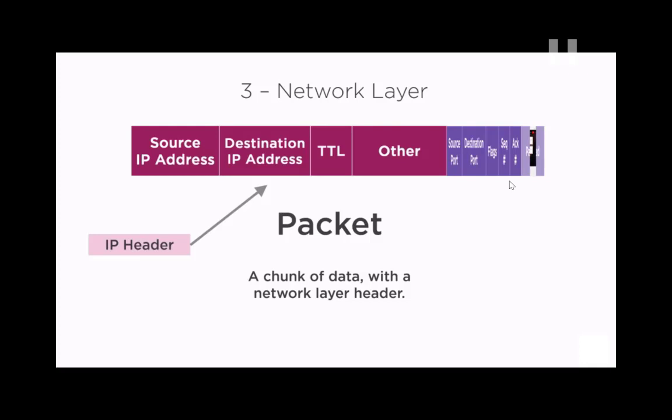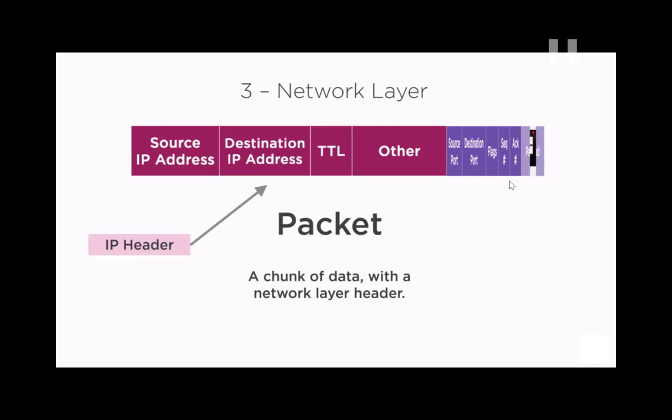If you want to send some data from one place to another, what will you do? You divide the data into small pieces, which are called chunks, and then after dividing your data into pieces, you add additional information at the beginning of the data, which is called a header. Layer 3 is the network layer. We are concerned at the moment with layer 2, but above layer 2 there is a layer called layer 3, and we call it the network layer.